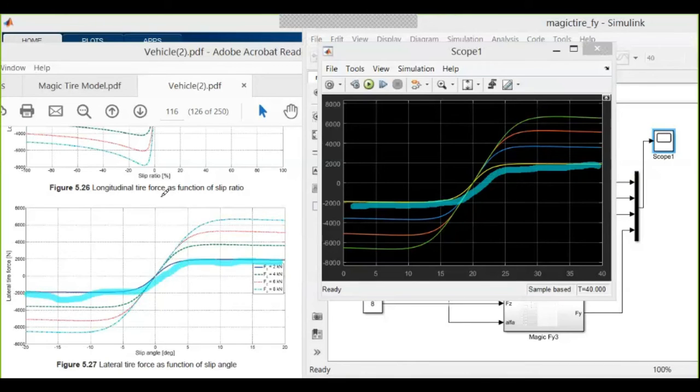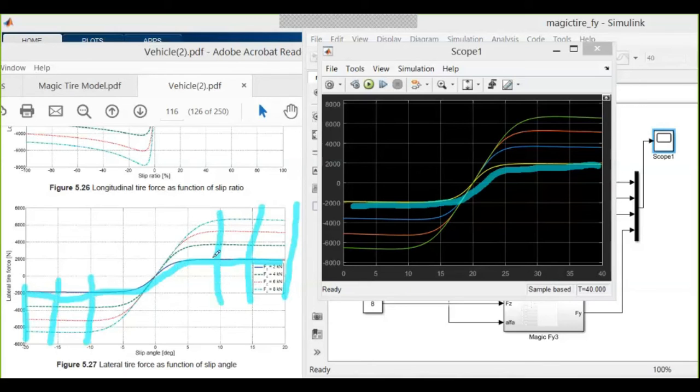Then you can discuss. When you want to discuss, pick a very significant point or line. For example, at 10 degree angle of alpha, or 15, or 20, or -10, -15, or -20. It's easy for you to describe or explain the performance of lateral tire force.